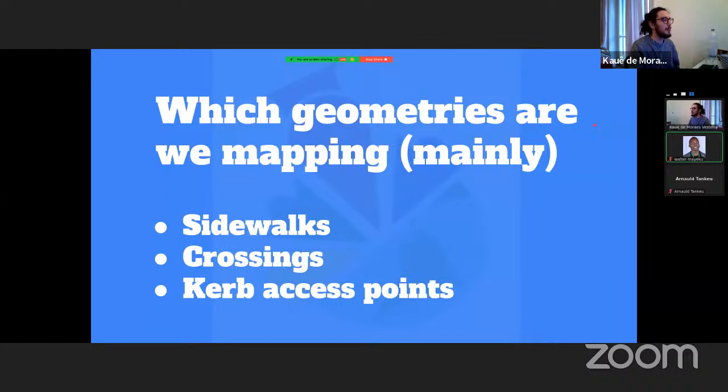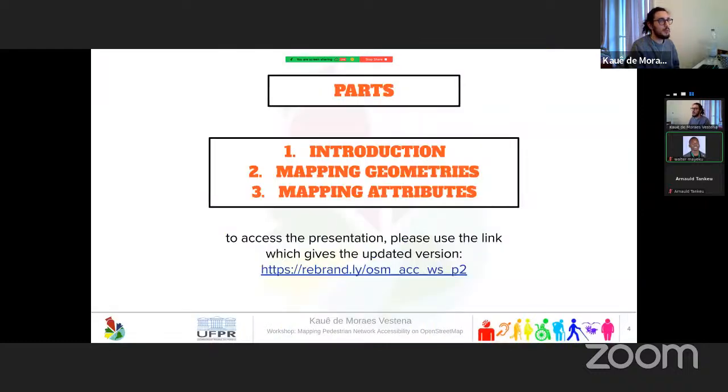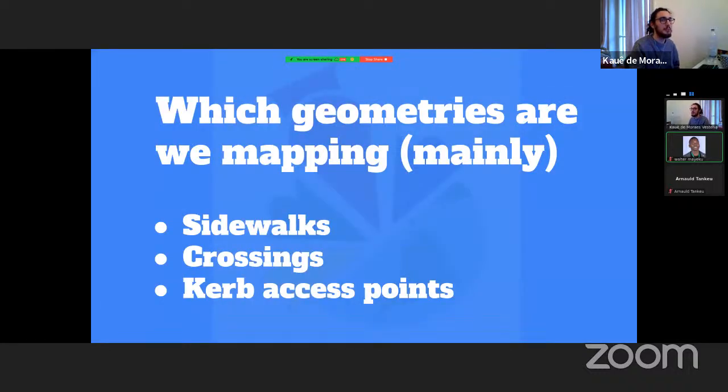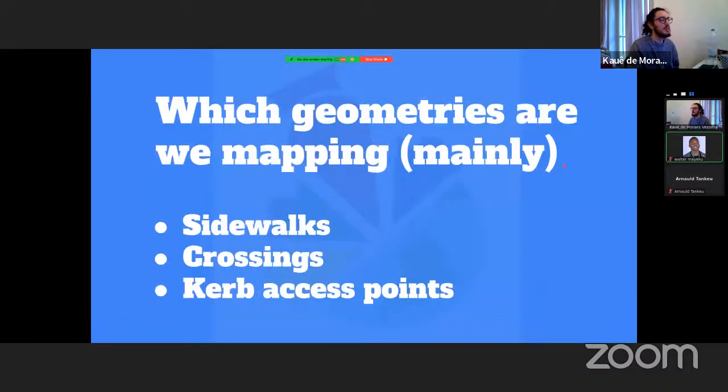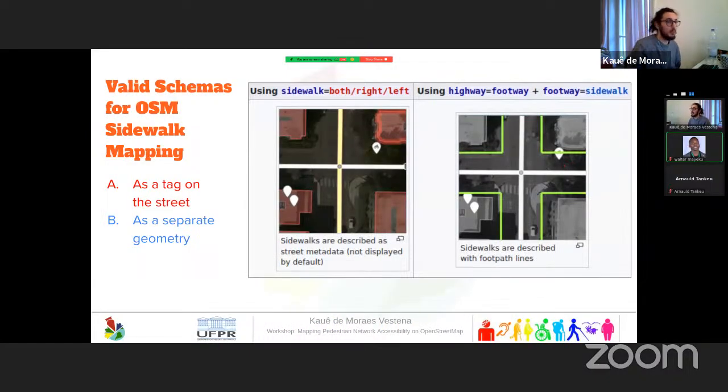When we are going to map on OpenStreetMap for accessibility, which kinds of geometries are we going to map? We have the sidewalks, the crossings, and the curb access points. First of all, we have more than one way to map sidewalks in OpenStreetMap.